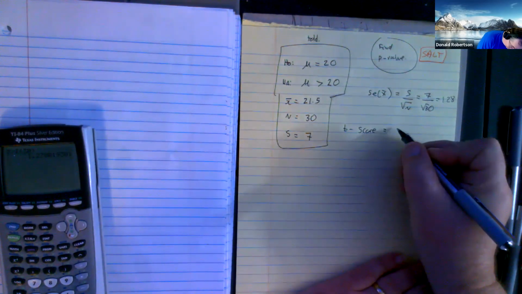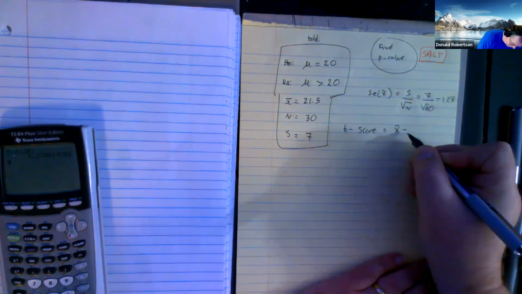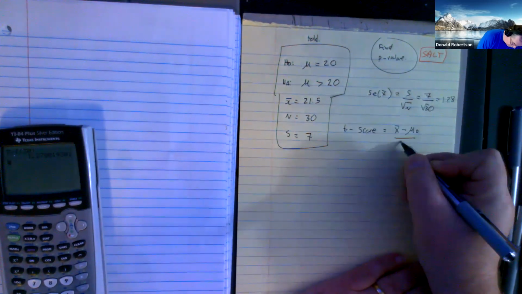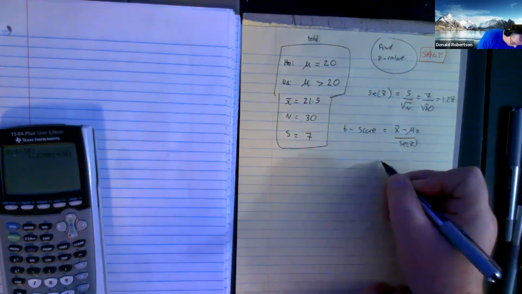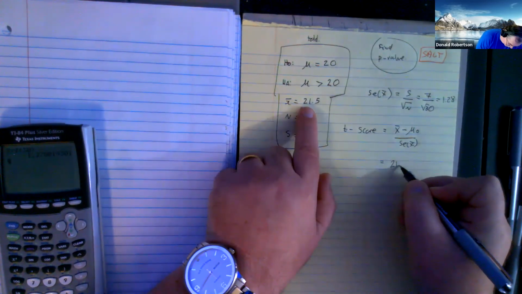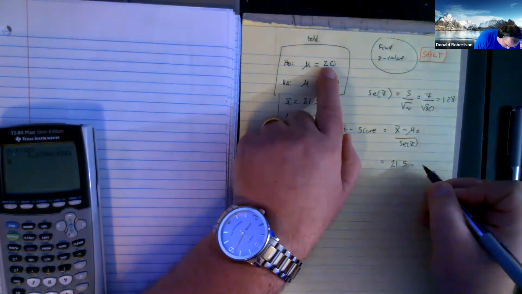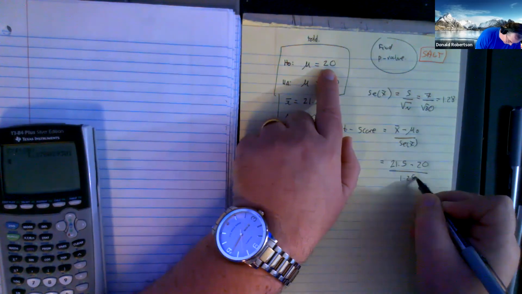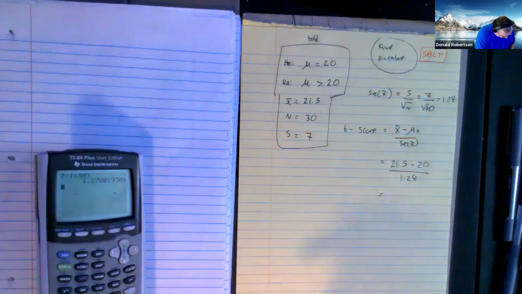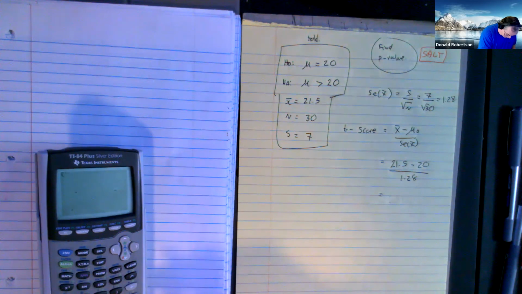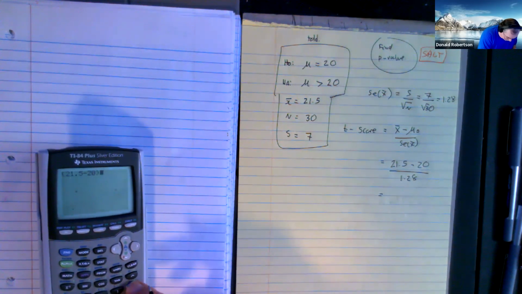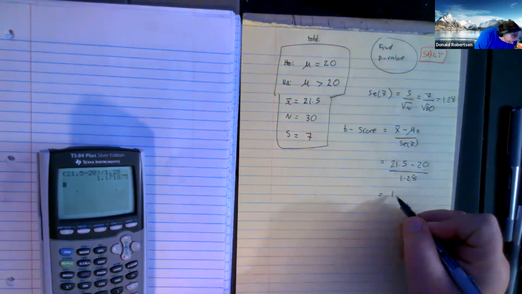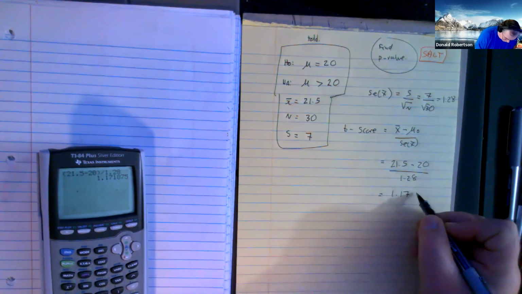And it's going to be X bar, take away mu naught over standard error. X bar is 21.5. Mu naught is 20, divided by 1.28. So see what that is. 21.5 take away 20 divided by 1.28, and the answer I get is 1.172.